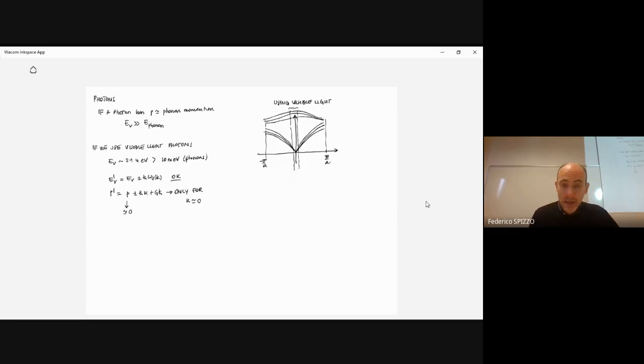If K is large, then it's impossible for the photon to fulfill this crystal momentum conservation law.